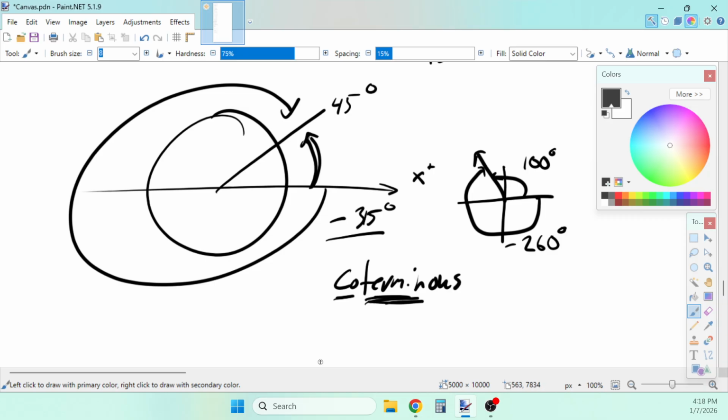Termin, meaning end up, like how you end, and co, meaning same ending. End up the same way, end up looking the same way. Coterminous angles are angles that end up looking the same direction.